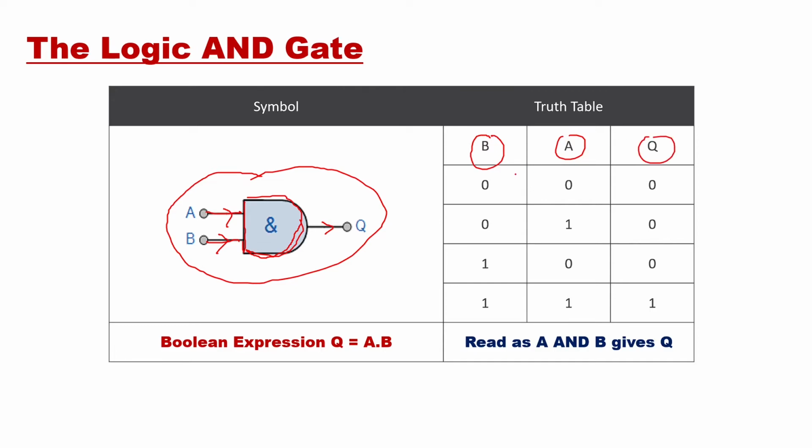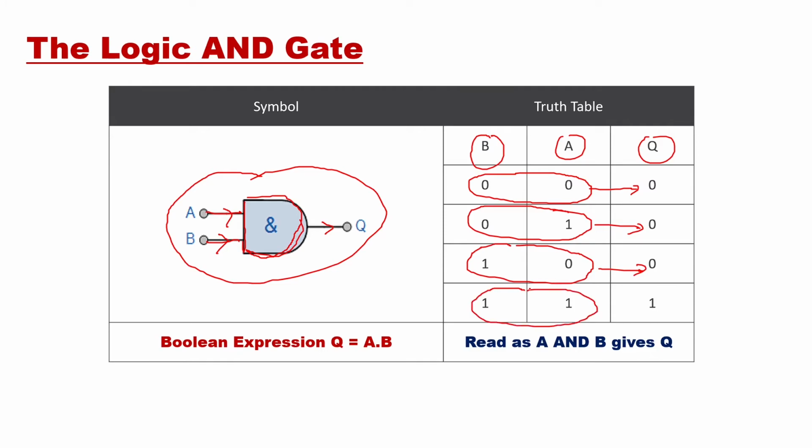In the first case, the 0 0 combination, both are logic 0, so the output is 0. In the second combination, you have A as logic 1 and B as logic 0, but a 0 is there, so the output is 0. In the third combination, B is 1 and A is 0, so 0 is there, so the output is 0. In the fourth combination, both A and B are 1.